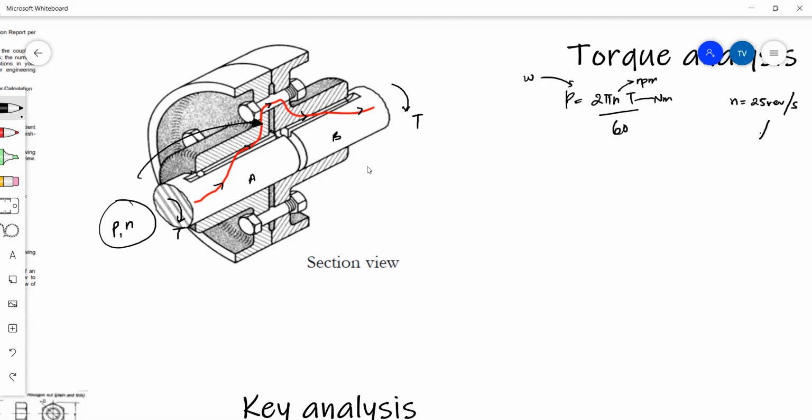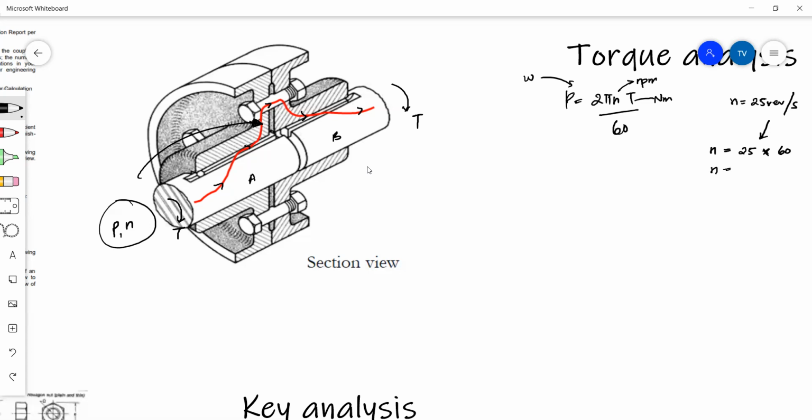So what's 25 revolutions per second in revolutions per minute? 1,500. Yes, it's 25 revolutions per second multiplied by 60 seconds a minute.